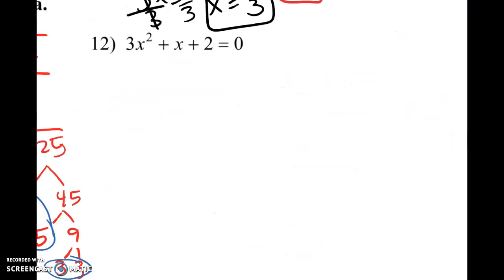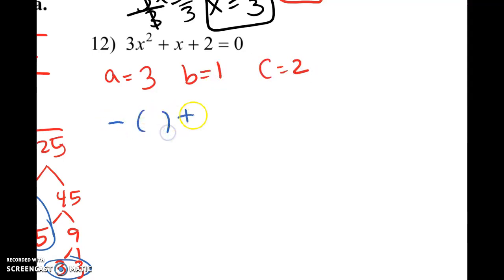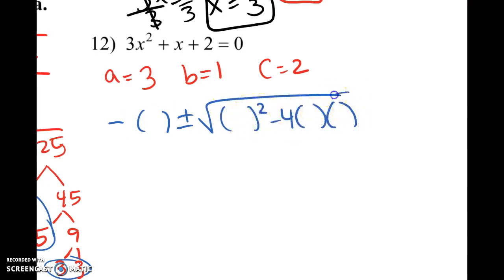Alright, so 12 is also to use the quadratic formula. So the first thing I'm going to do is identify my A, my B, and my C. And I'm going to plug that into the formula. So negative b plus or minus the square root of b squared minus 4ac all over 2a.